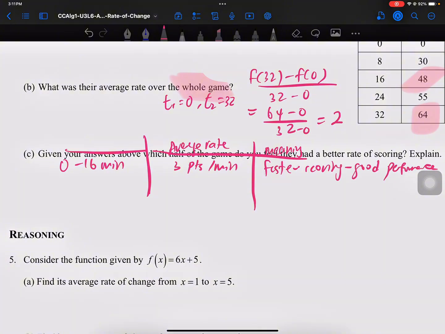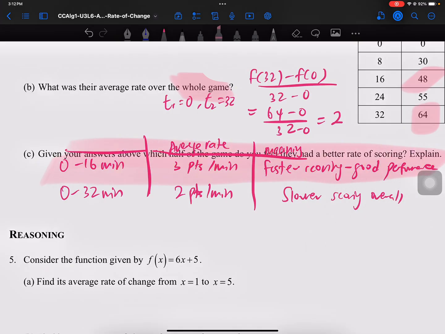For the whole game, 0 to 32 minutes, it is 2 points per minute, so slower scoring overall. So I will choose the first half, the first line. And average rate of change isn't just for graphs, it helps describe real performance too. In this case, the rate tells us how quickly points are scored per minute.